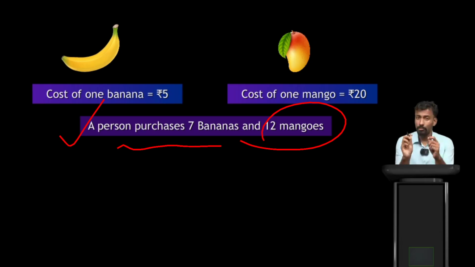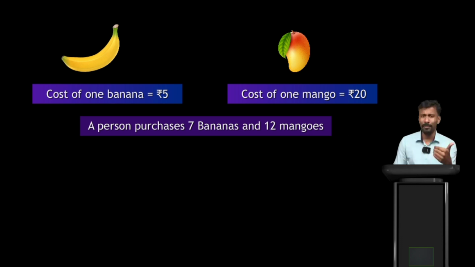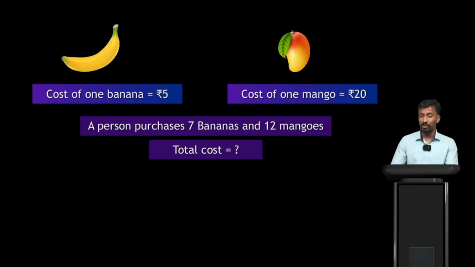So what will be the total cost of that person, or how much amount will he spend? The total cost is equal to question mark. We have to find the total cost, or total expenditure, you can say.